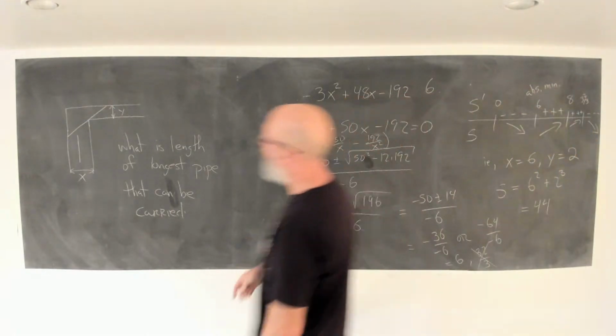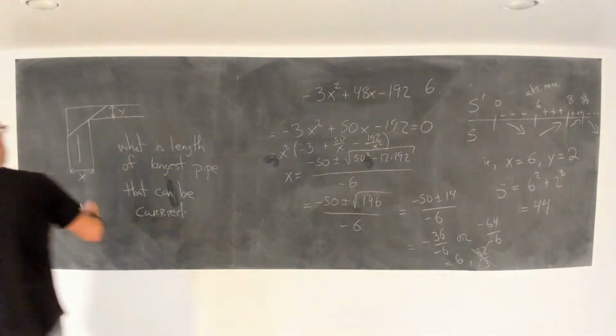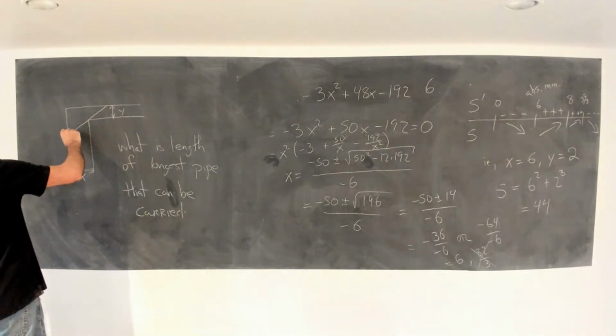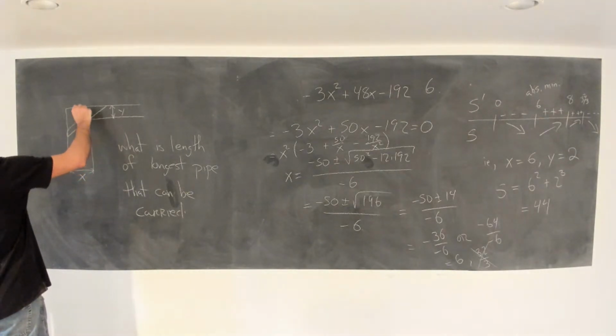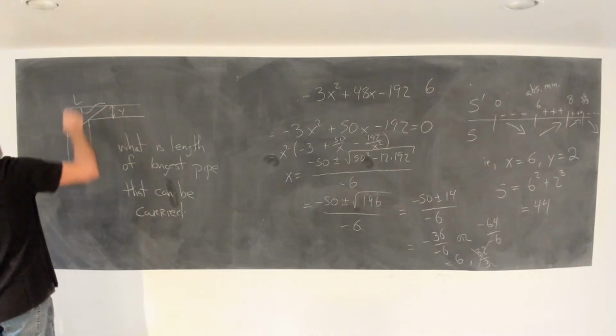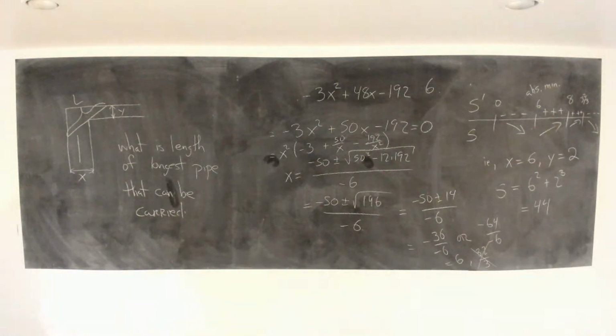All right, so we're looking for the length. Let's introduce some variables. Let's call this the length of the pipe. So we want to maximize the length.